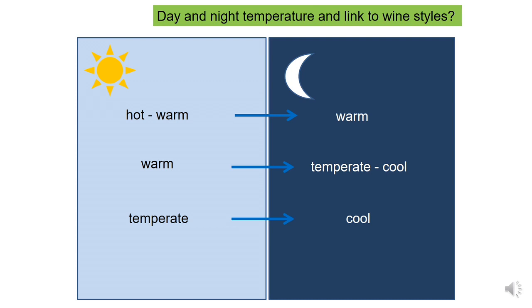Because we know now that during ripening, some genes are expressed only during the night. So as the figure is showing, you have hot, warm days and warm nights. This is a type of region. Then you have regions with warm days and temperate, cool nights. And obviously you have regions with temperate days and cool nights, like for example, Champagne in France.